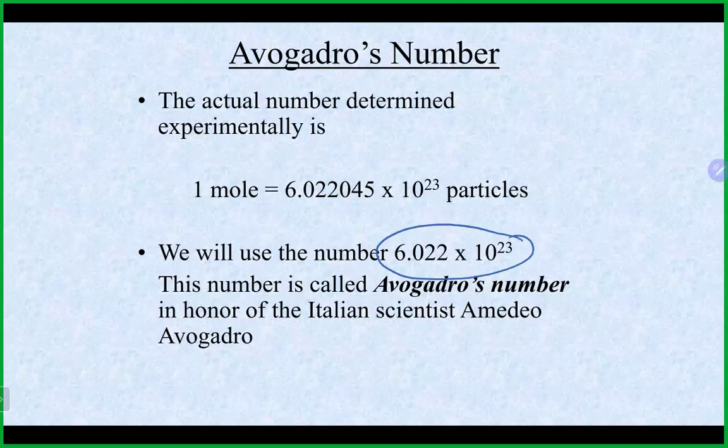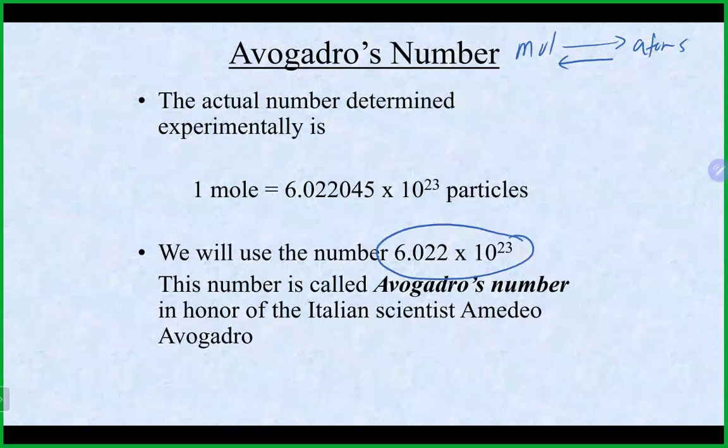We basically use Avogadro's number, as I mentioned earlier, as a conversion factor to go between the units of moles and atoms or molecules or back. And we use it as a conversion factor, and you can do it for anything. So for example, if I had 1 mole of hydrogen, I would have how many hydrogen atoms?